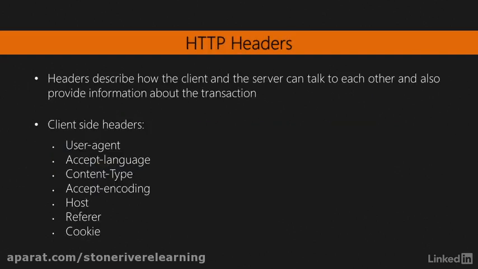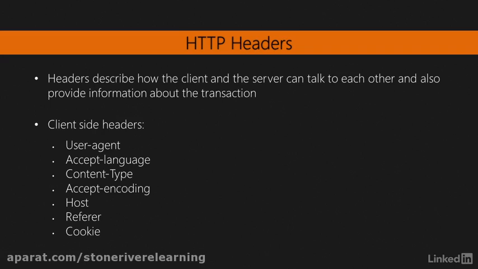Now, let's talk about headers. Headers are a core part of HTTP requests and responses. They describe how the client and the server talk to each other, and also provide information about the transaction. We have client-side headers, which are sent by the browser.